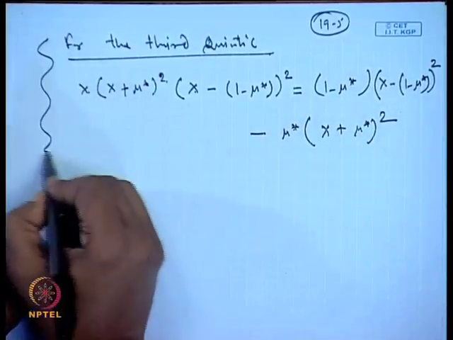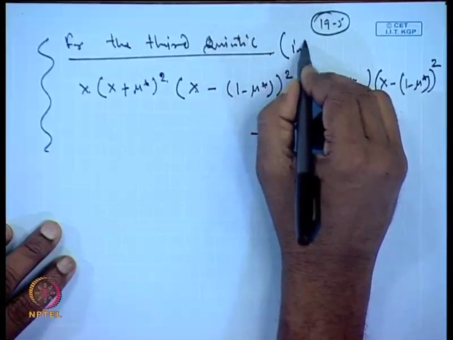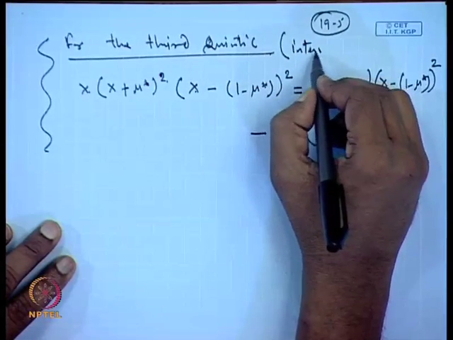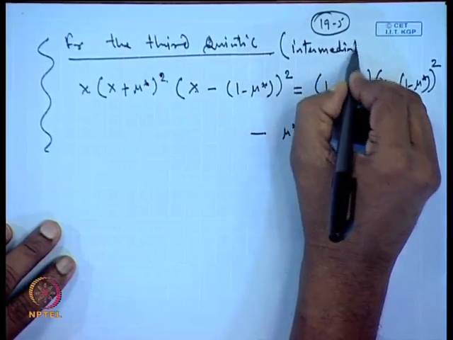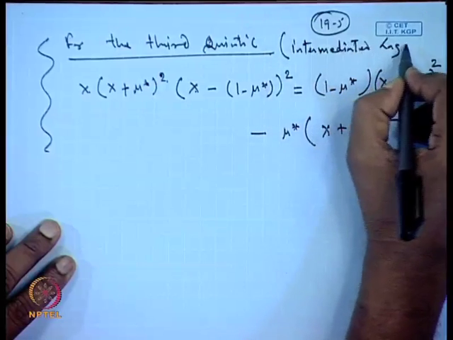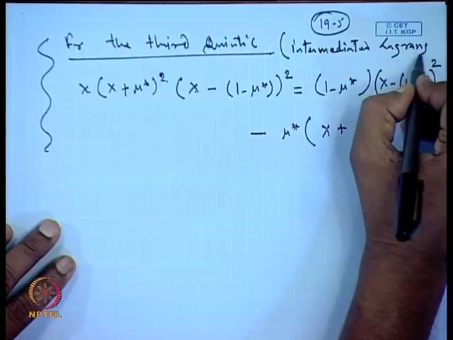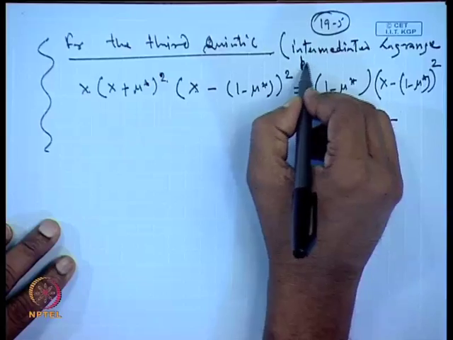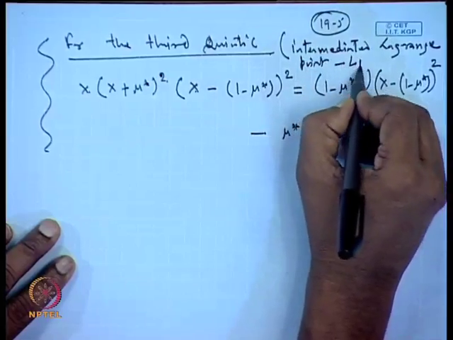So, this is our third quintic, for the intermediate Lagrange point, which we have written as L 1.